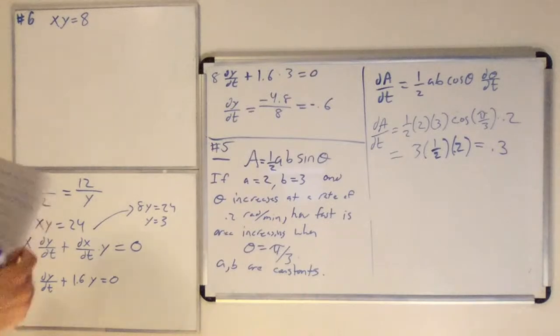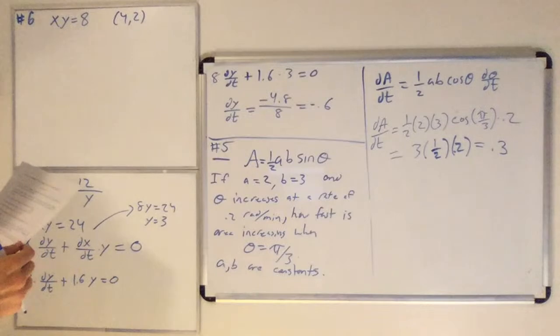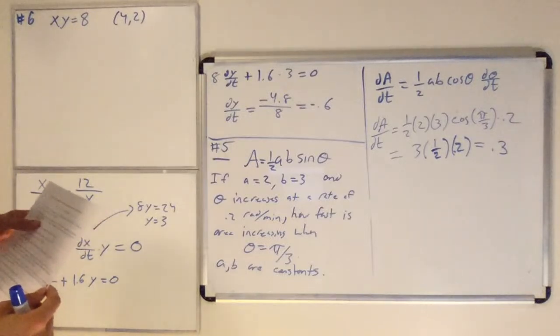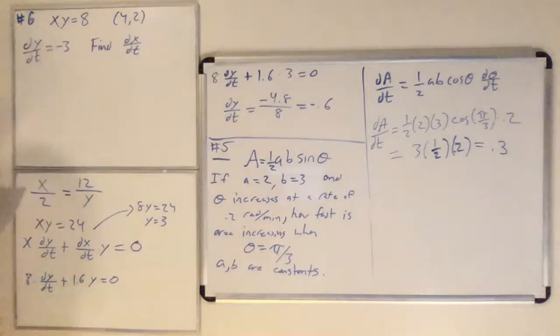As it reaches the point (4, 2), the y-coordinate is decreasing at a rate of 3 centimeters per second. Right, do we agree that this is all the information from that question before we move on? I've messed up the last two, so let's see if we could recover.